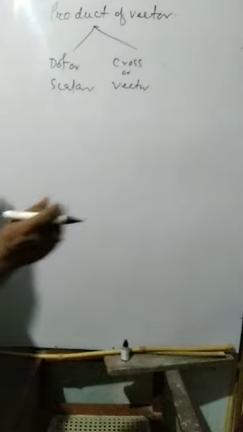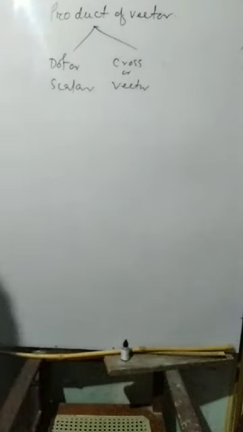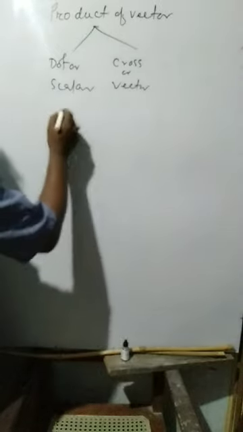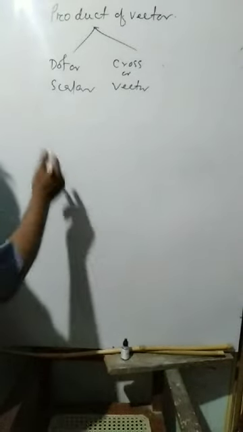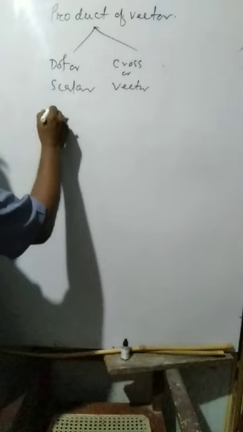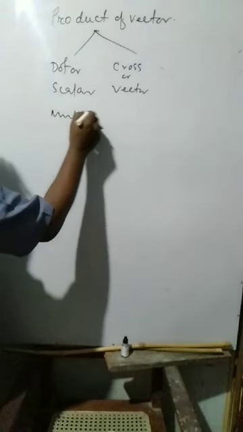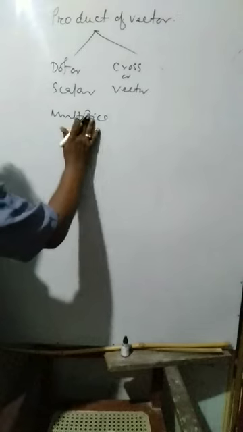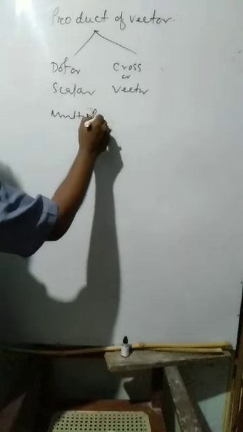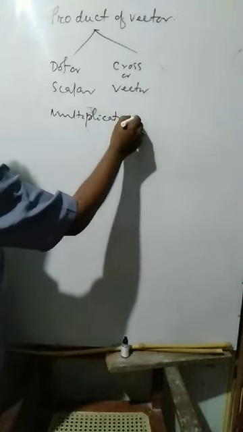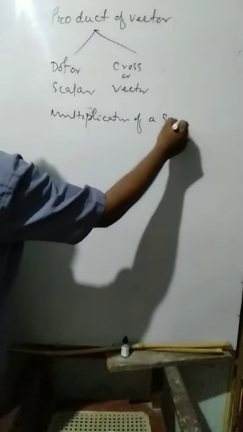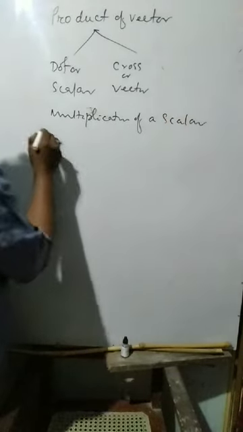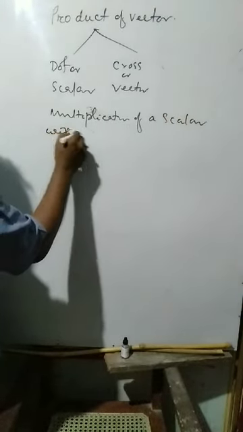You look at now. First of all we will discuss multiplication of a scalar with a vector.